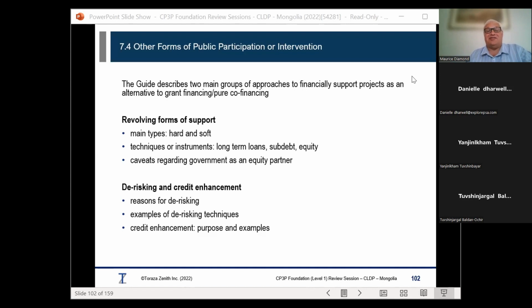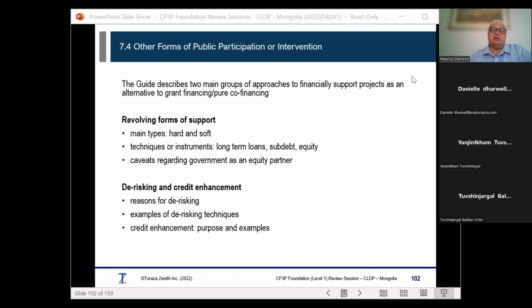There are other markets and other sectors where the private sector are delighted that the government is an equity partner, because it shows the commitment of the government to a project. So very diverse views, and obviously the level of equity involved and the nature of that equity can make a difference.